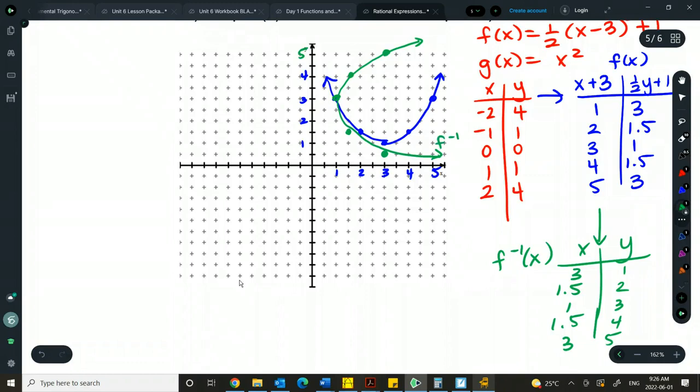Okay, so that is f inverse of x, and I'll label this one as f at x. Okay, graph as usual, do transformations, then just swap the columns of your x and y coordinates, okay?